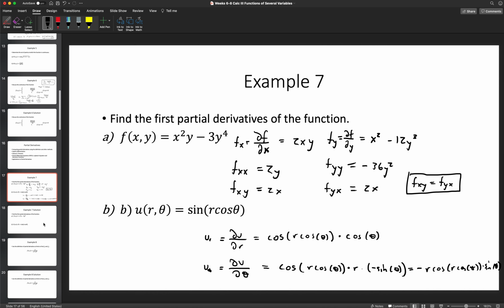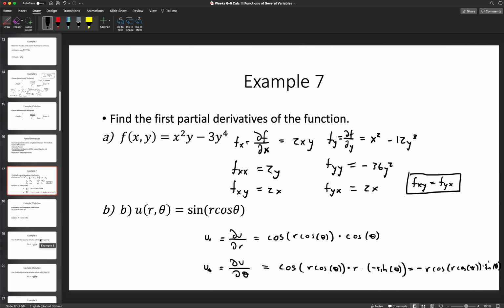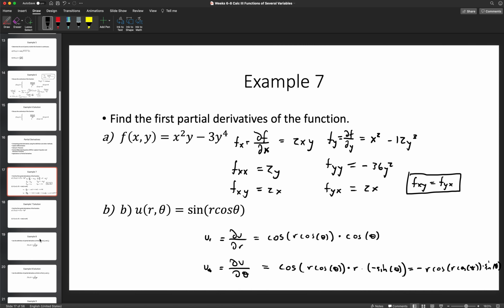All right, let's jump into another example here where we're going to be using a little bit more of the definition to talk about taking the partial derivative.